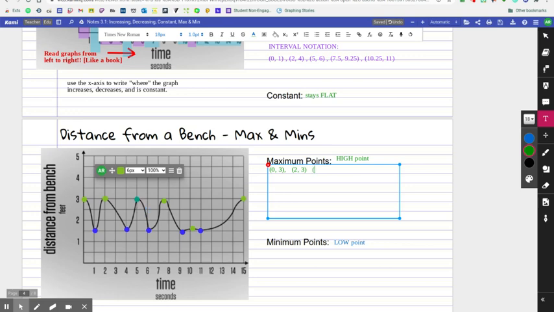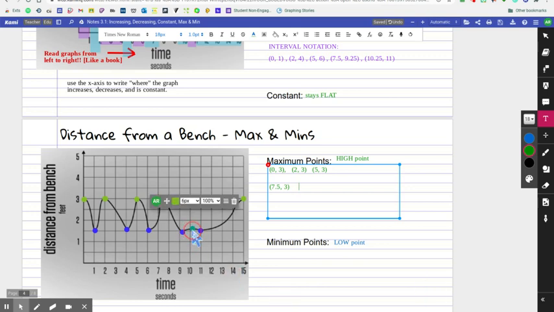We would write it as 5, 3, right? It happens at 5 seconds and it's still 3 feet high. What about our fourth point here? 7.5, 3, right? 7.5 seconds. It's going 3 feet up.